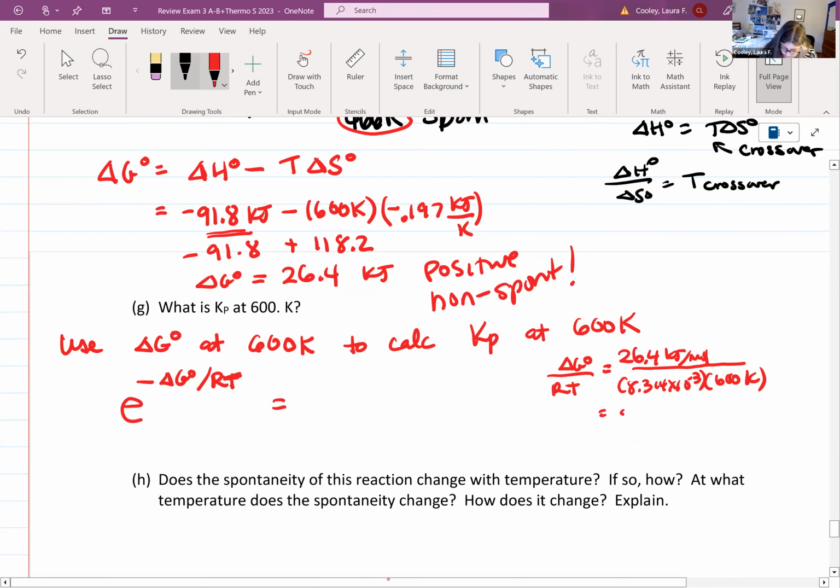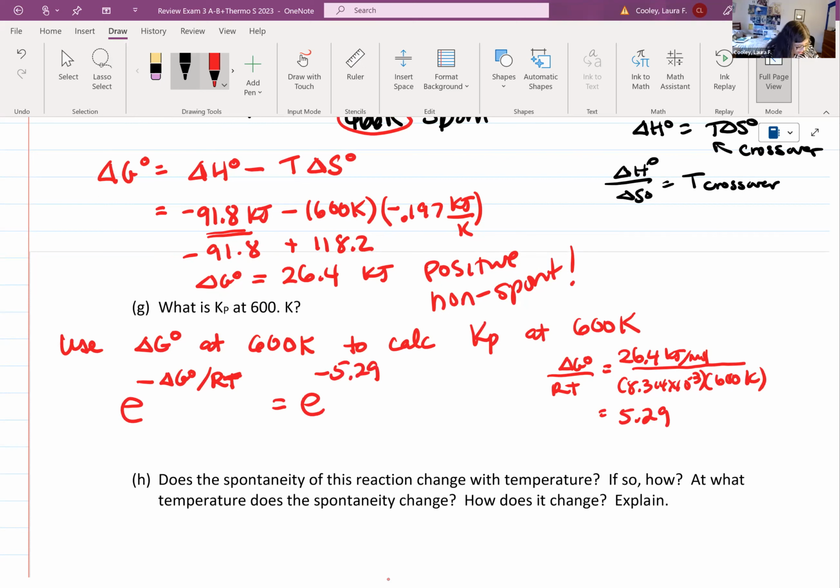So that's 5.29. So e to the minus delta G over RT, I have to put a negative sign in front of that. And that's 5 times 10 to the negative 3.